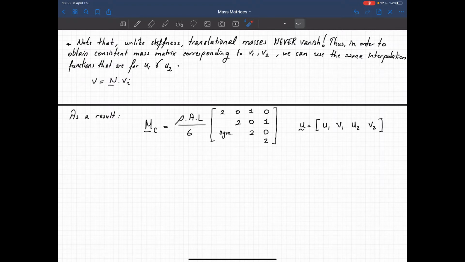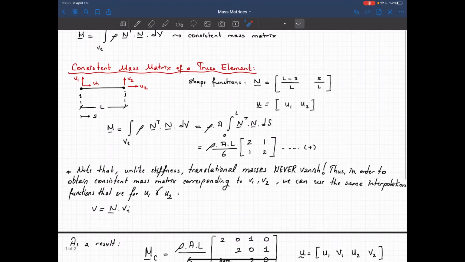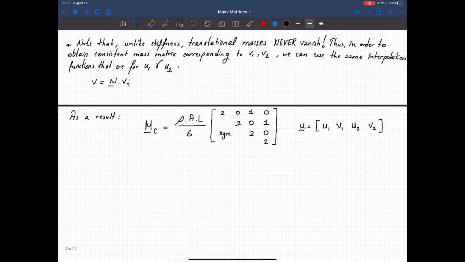So that's why the other approach for calculating the mass matrix is the lumped mass matrix. So let's take a look at it. Lumped mass matrix of a truss element.